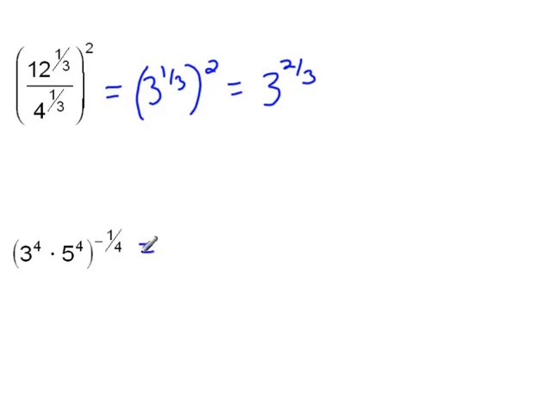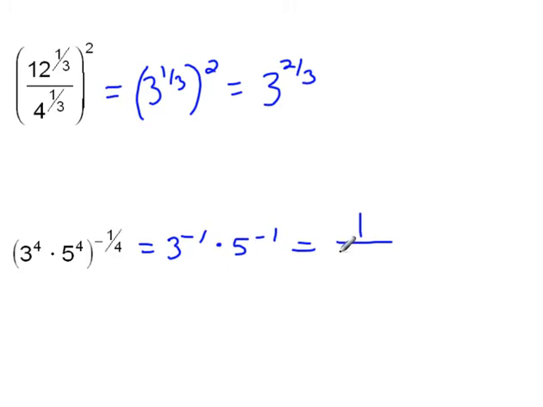Next one. Again, you could do a couple different things. You could put this all on the bottom of a fraction first, or you could distribute this -1/4. That's what I'm going to start with. So I'm going to end up with 3 to the -1 times 5 to the -1. And then we have to put both of those on the bottom since they're both negative exponents.